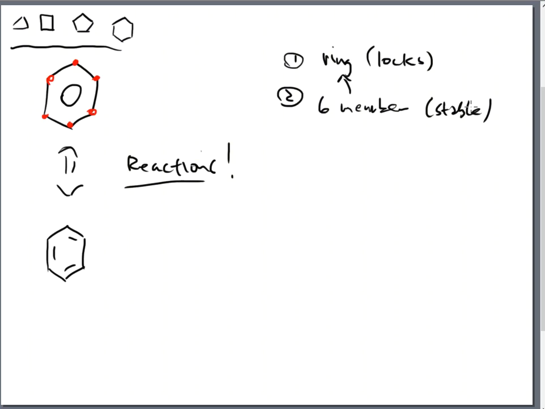The 4-membered ring, no, there's a lot of strain on that cyclobutane group, and that cyclobutane ring is going to pop whenever it can. And then the 3-membered ring, the cyclopropane, there's even more tension on those bond angles. So that structure is not going to stay around very long because it's going to pop just like a volcano when it gets exposed to something.